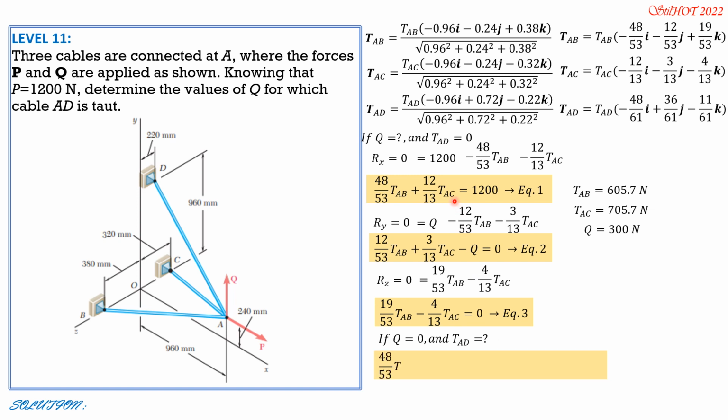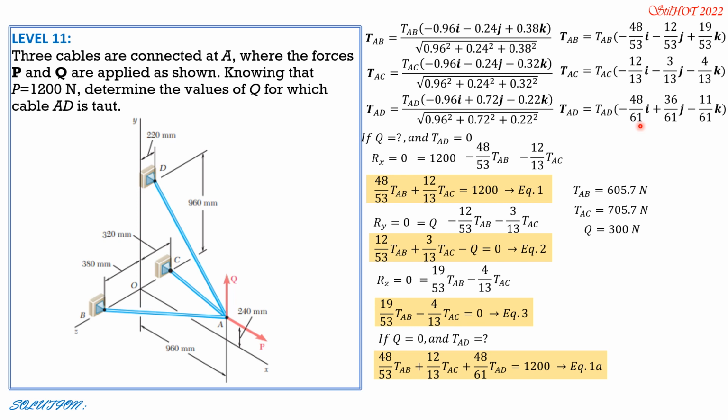So we will now involve tension AD. Same, Rx is 0, then equation 1 would become 48 over 53 tension AB plus 12 over 13 tension AC minus 48 over 61 tension AD equals 1200 from equation 1, because they were made negative, and tension AD is also negative.